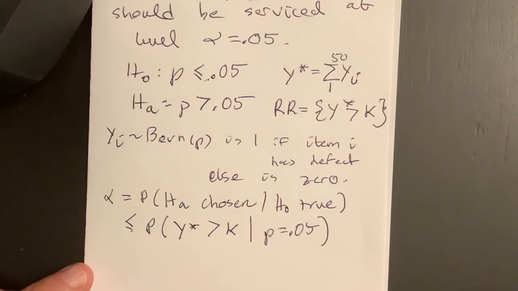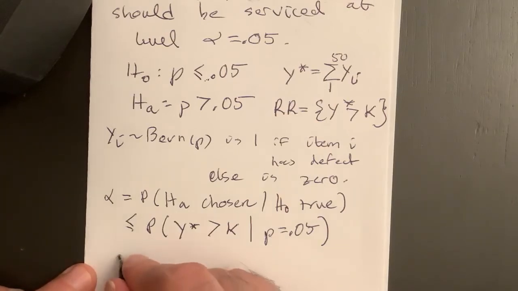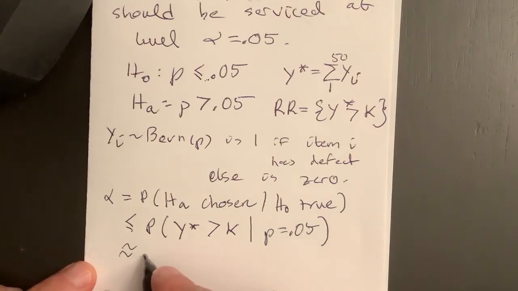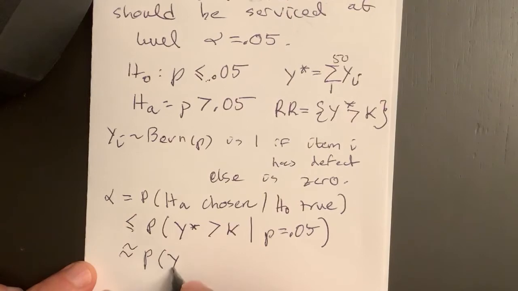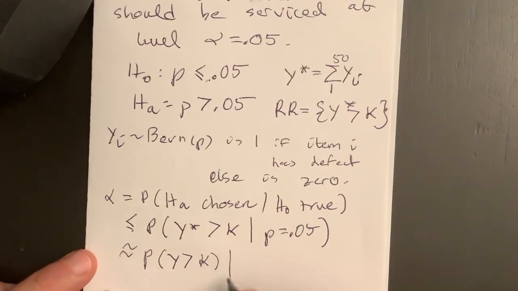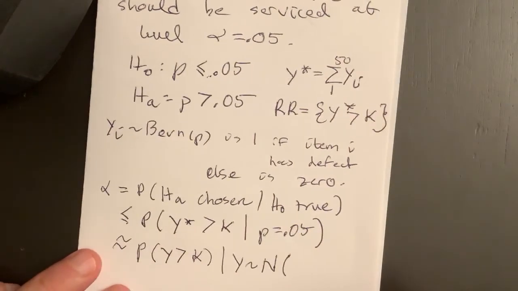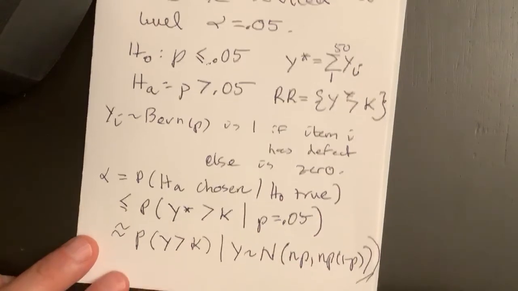So the central limit theorem does apply, and using the normal approximation to the binomial, or the de Moivre-Laplace theorem, this is approximately the probability Y is greater than k, where Y is normal with mean np, which is 2.5, and variance np(1 minus p). So this is the central limit theorem.